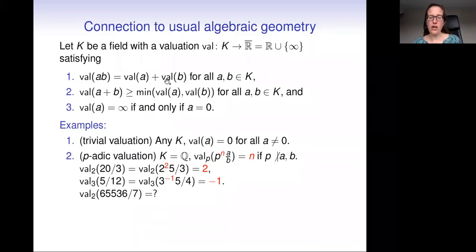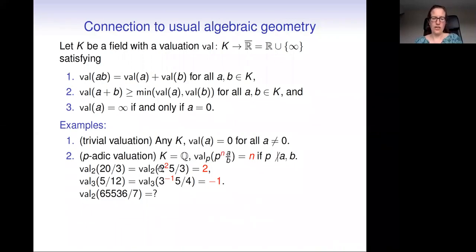Okay. Another common one is the p-adic valuation. So here we'll take k to be the rational numbers. And the p-adic valuation is going to pull out as many powers of p as you possibly can. So we'll write your rational number as p to the n times a over b, where p does not divide a or b. And then the p-adic valuation is going to be this exponent n.